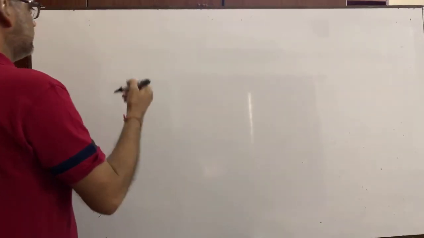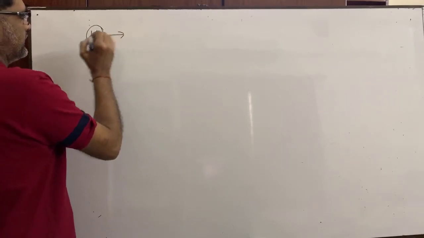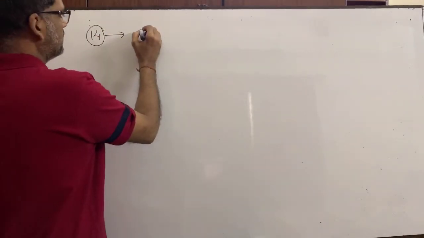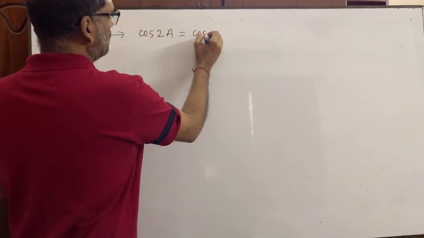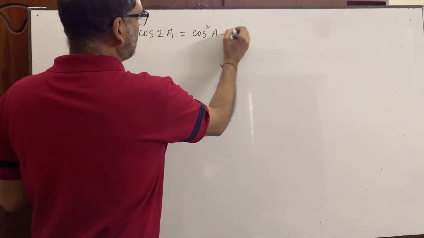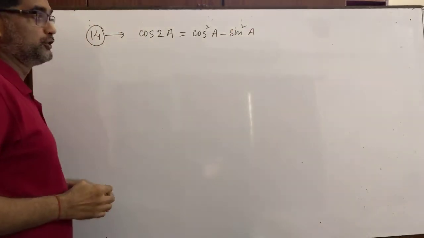Now, from 14, cosine 2a is equal to cos square a minus sin square a. Okay, that's good.